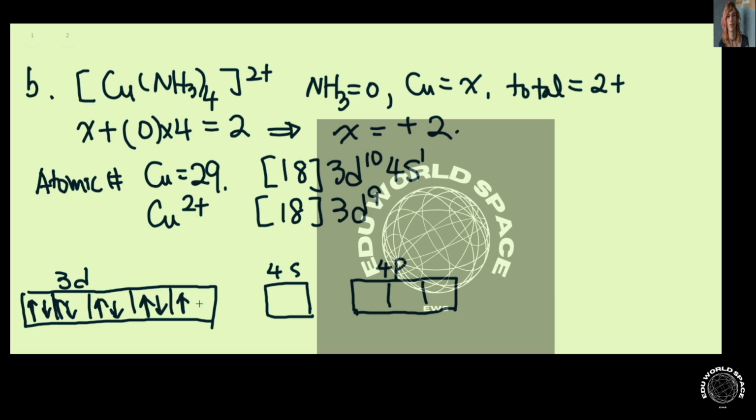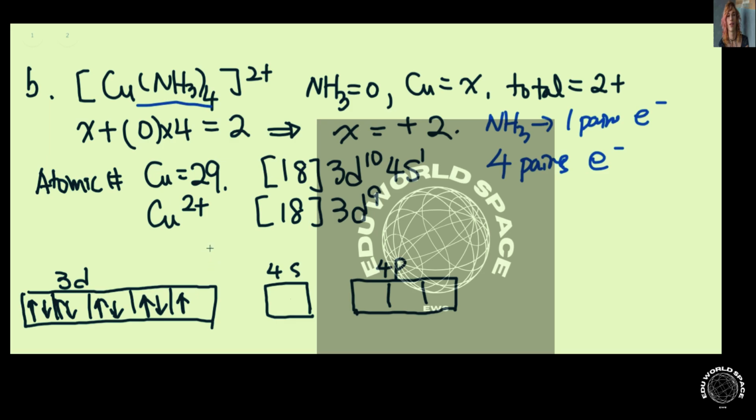Now we have the ammonia ligand right here. Each ammonia donates 1 pair of electrons to the center atom, and we have 4 pairs of electrons donated from the ammonia ligands to the center atom copper. Since ammonia is a strong ligand, it will enter the innermost orbitals of the metal.